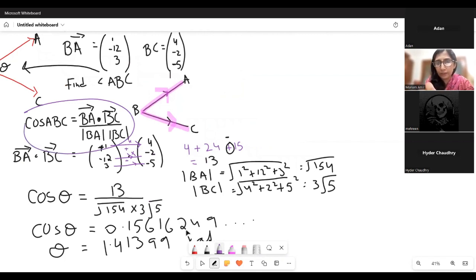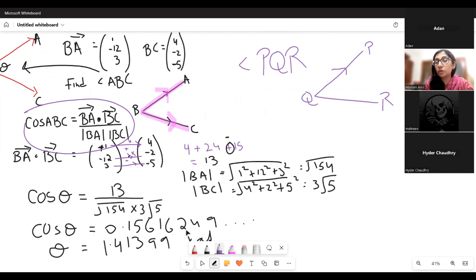Let's say you have to find angle PQR. So it helps to draw the figure. PQR would look like this: P here, Q here, R here. You need the outward vectors, so you will be using QP dot QR in the numerator.